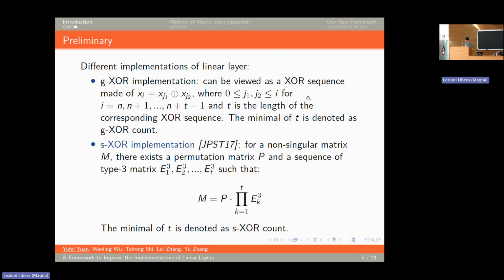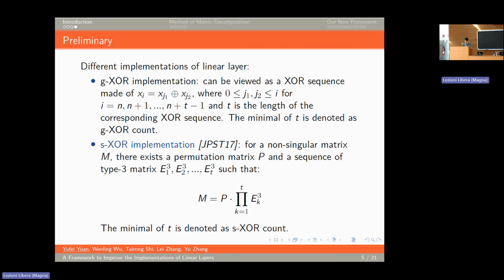So there are many different implementations for the linear layer. For example, the XOR implementation can be viewed as a XOR sequence, and it can be written as x_i equals x_j1 XOR x_j2, where j1 and j2 are less than or equal to i. In other words, registers are used to store the intermediate results at every step.